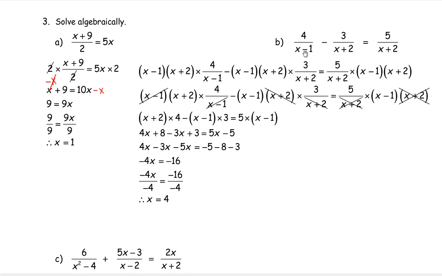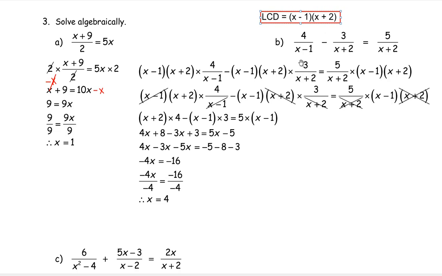Question B over here. There are actually denominators in all of these, although these two are the same. So the only 2 different factors are x minus 1 and x plus 2. So the least common denominator would be the product of x minus 1 and x plus 2.